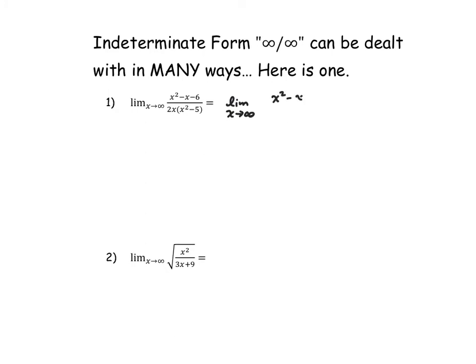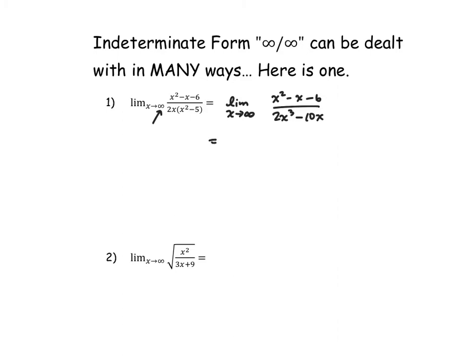So x squared minus x minus 6. Notice that our limit is as x goes to infinity in this case. Then I'm going to distribute in the denominator, which will give me 2x cubed minus 5 times 2 is 10x. So how do we evaluate this?